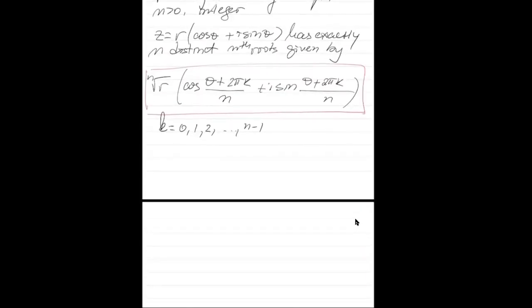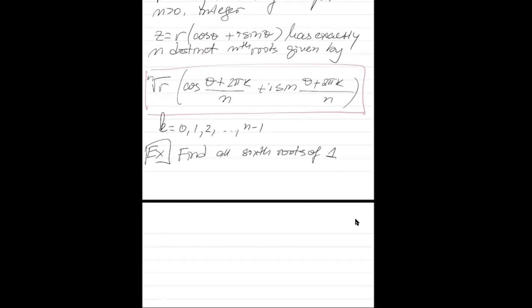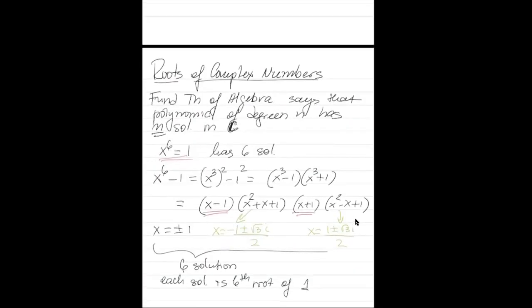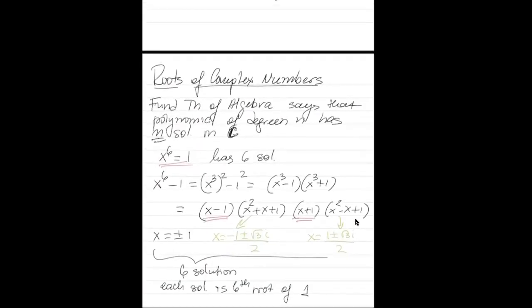So let's have an example of the same situation we had when we started with factoring in the beginning, but we're going to use this formula. Find all sixth roots of 1. Our example that we started with was x to the 6 equals 1, which has 6 solutions or 6 roots.